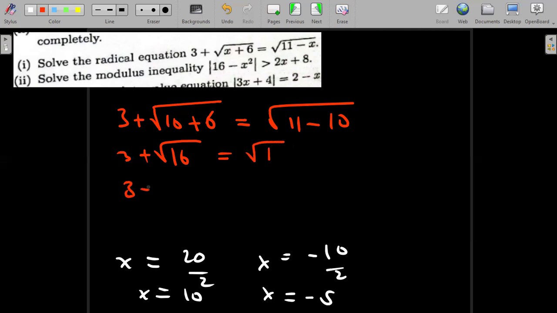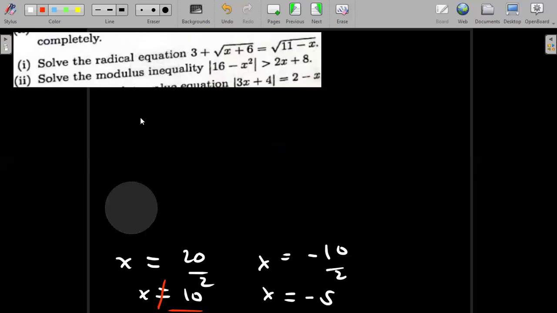That will be 3 plus 4, and that is going to give me 1, and that gives me 7 is equal to 11. So we see that 7 is not, of course, equal to 1. So which means that x equal to 10 will not be part of the solutions. X cannot equal 10.